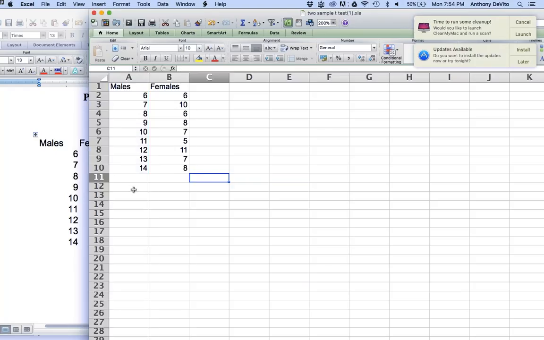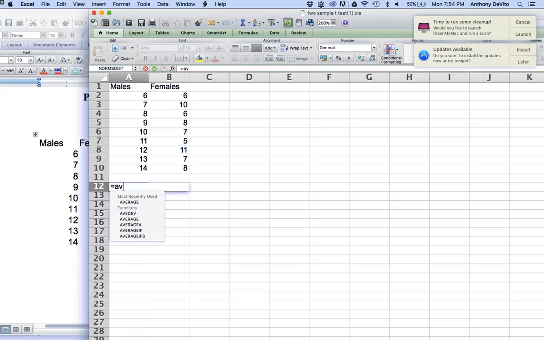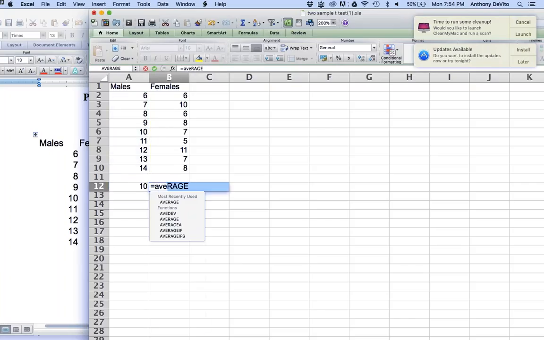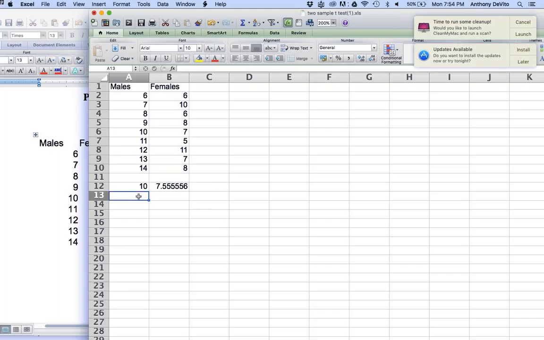If I want to calculate my mean, equals average for males is 10, average for females equals 7.5.